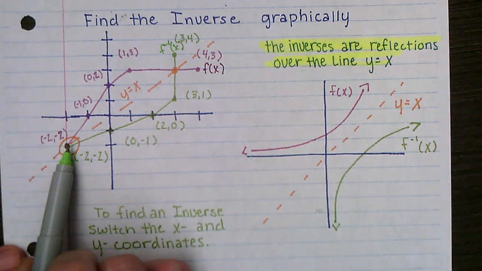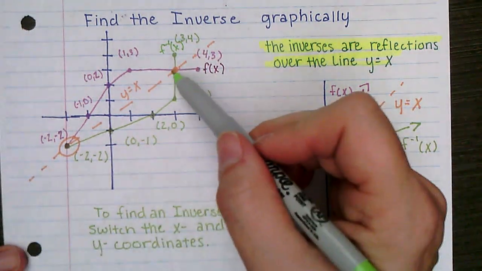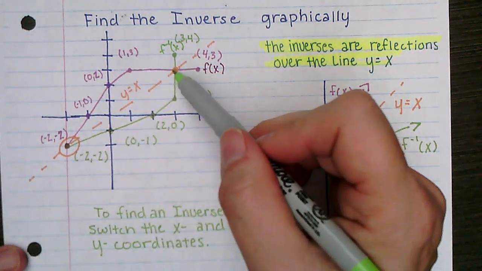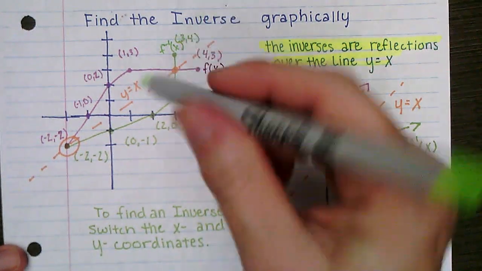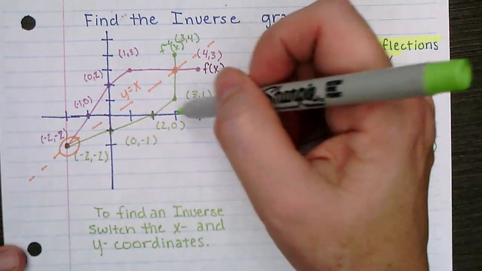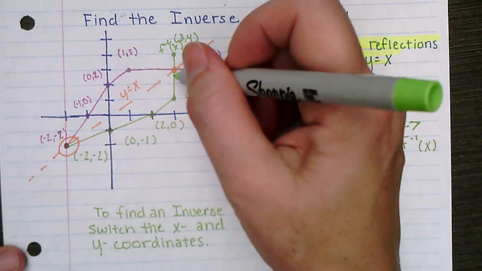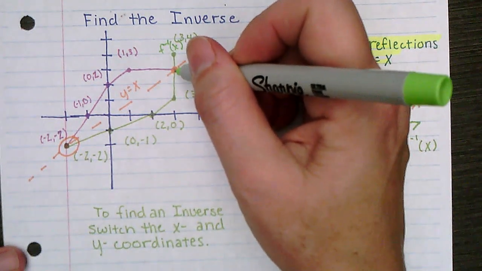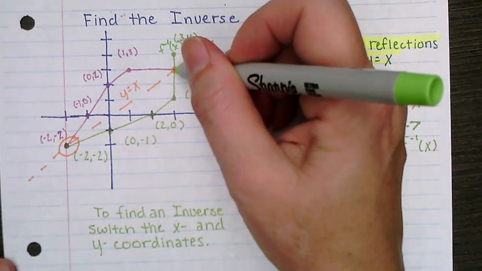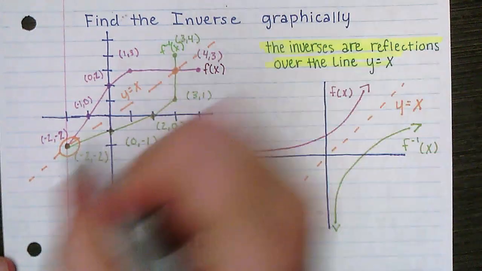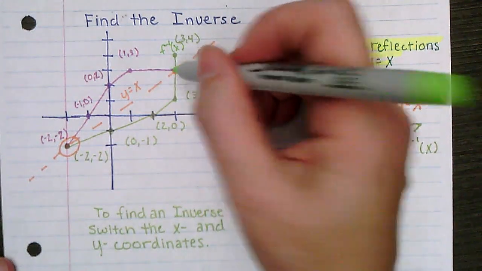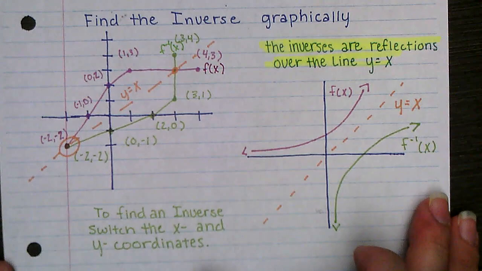So that ordered pair will be right on that line. Same with this one right here. Whatever it is, we don't have it labeled. It looks like it might be 3, 3. When you switch it, it's going to stay 3, 3. So right where your function intersects the line y equals x, the inverse will also intersect the line y equals x.